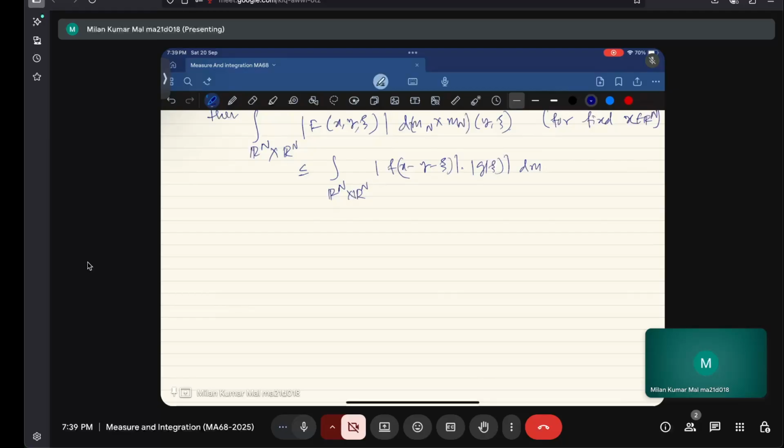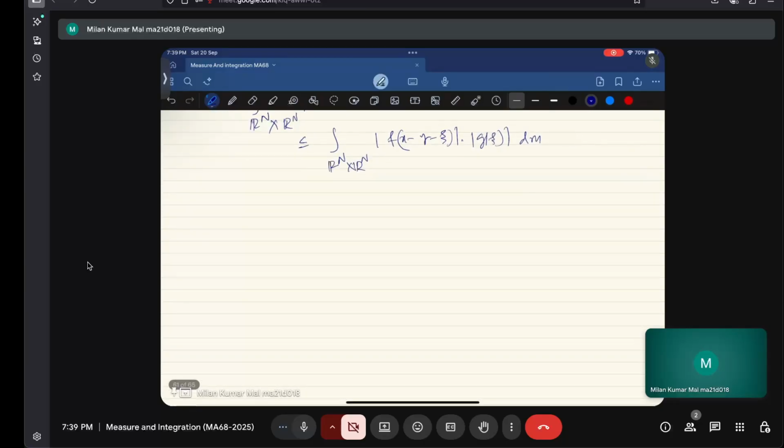Now this can be written, first of all, as the integral over R^n.